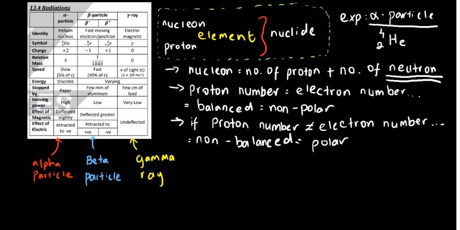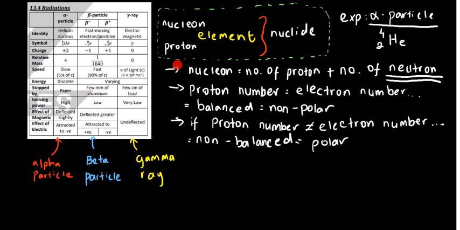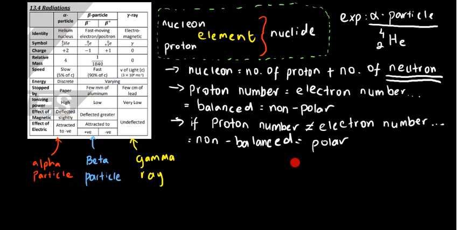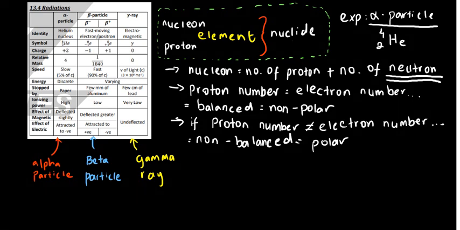Like I said in the last part, I taught you what a nucleon number and a proton number are, and what we call an atom if it's in a polar or non-balanced form. The proton number equals the electron number if the atom is balanced, and then we can describe the atom as a non-polar atom.